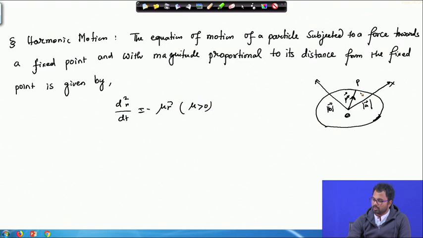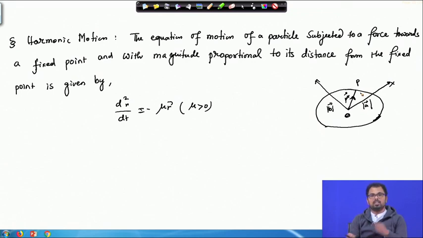Since this vector is r, and it is subjected towards the fixed point O, that means the vector is in the opposite direction. So, basically d square r by dt square should have been OP, but since it is directed towards the fixed point O, it should be PO, and that is basically minus OP.